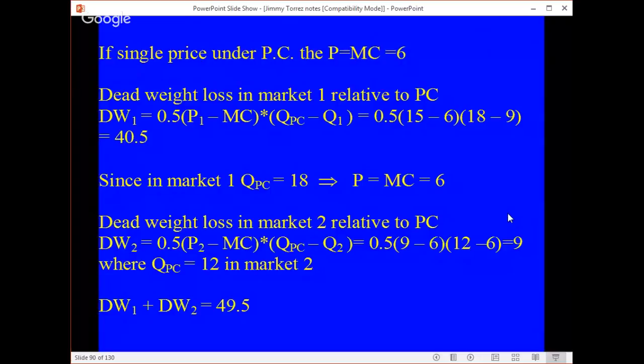The deadweight loss, oh, I'm sorry, I lied. This is market one. This is market two. Under PC, that's a single price of 6.